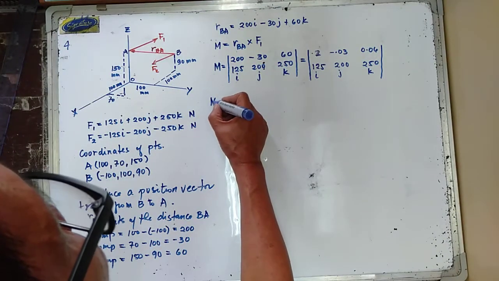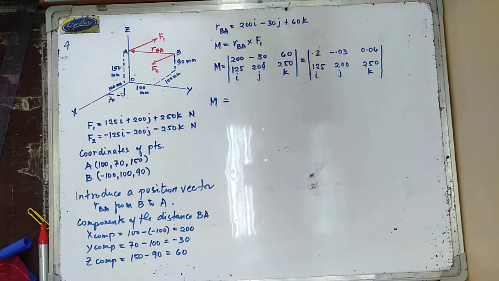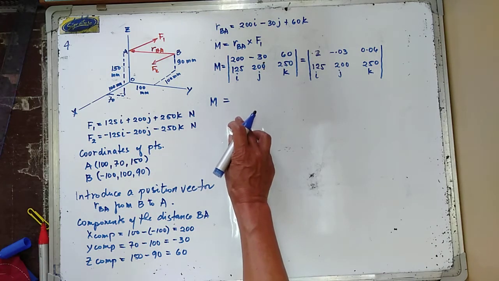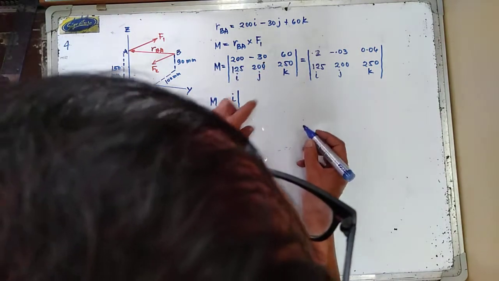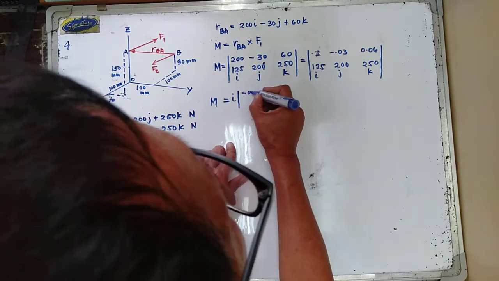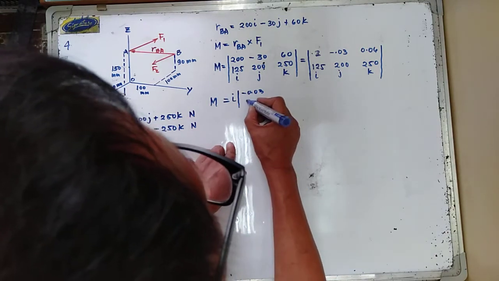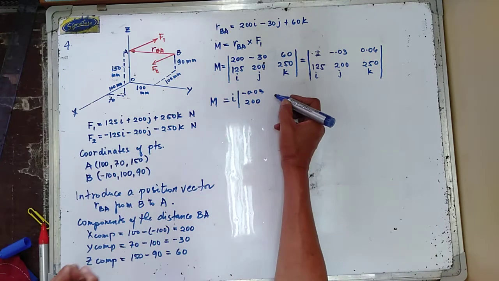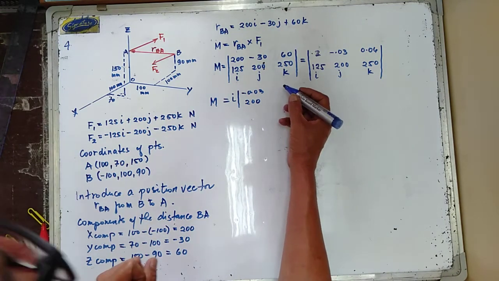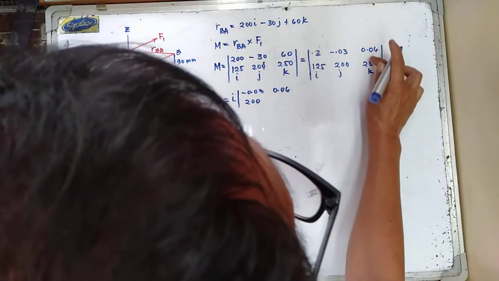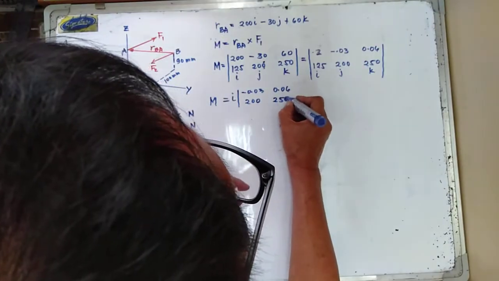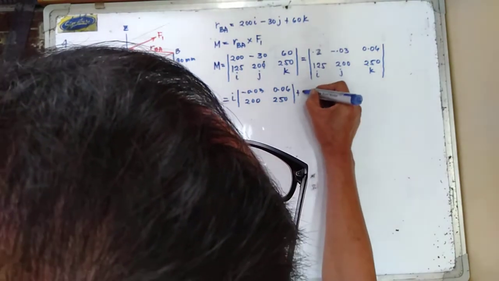So the moment produced by F1 and F2 is now equal to, we have your i, and this is minus 0.03, and that one is 200, and then we have 0.06 and 250, plus your j.